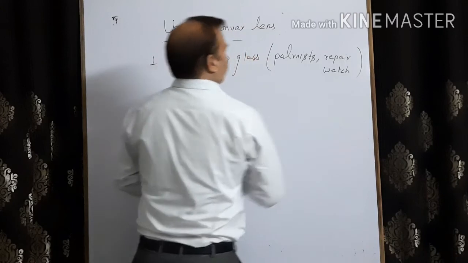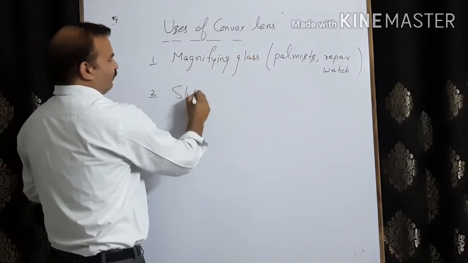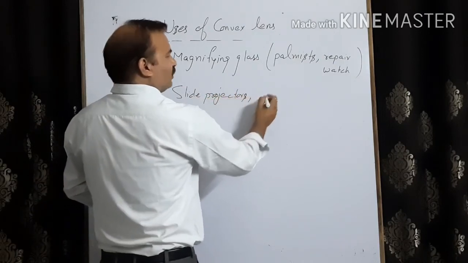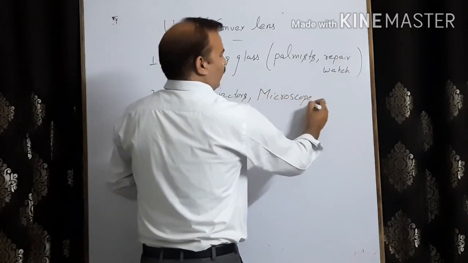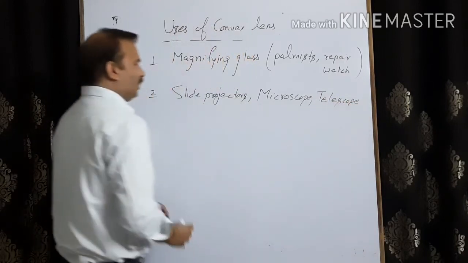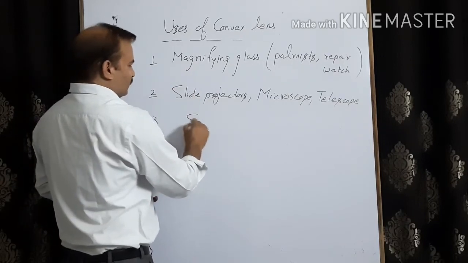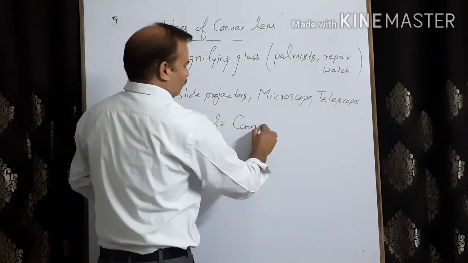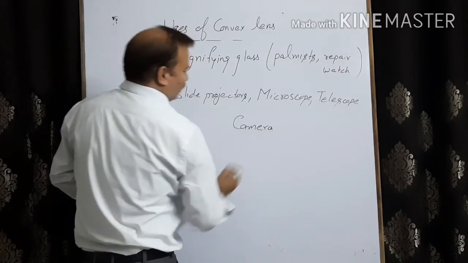Now second, it is used in slide projectors, also in a microscope and telescope. Convex lens is also used in a simple camera, or if we write only camera, that's also fine.